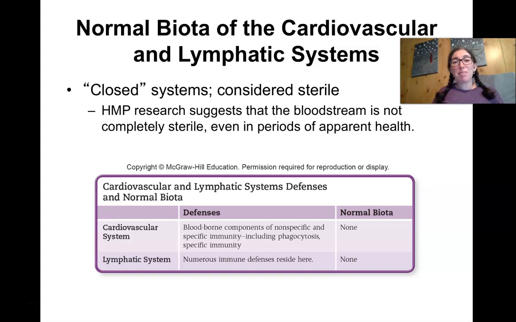There are fewer people studying the human virome than there are studying the human microbiome. But I think that will be very interesting once we start learning that as well. We'll probably be surprised how many viruses we actually live with on a day-to-day basis. But for now, we consider the blood and the lymph to be sterile fluids, sterile compartments.